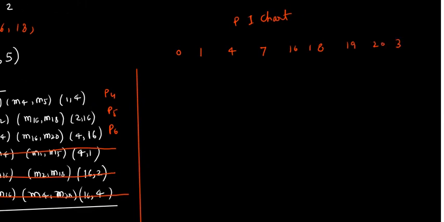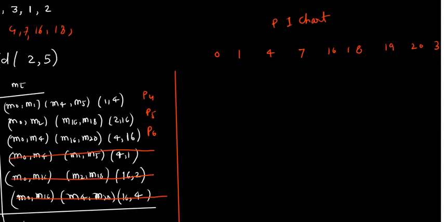So P4 covers 0, 1, 4, 5. 5 we don't require because it's a don't care, redundant. So 0, 2 is also 16, 18, don't care, so we remove it.